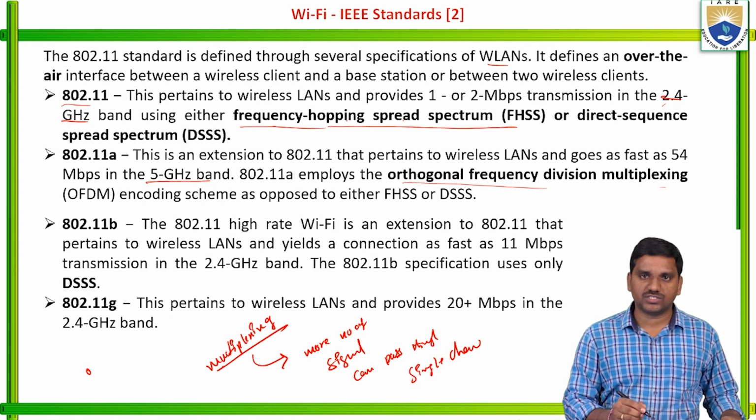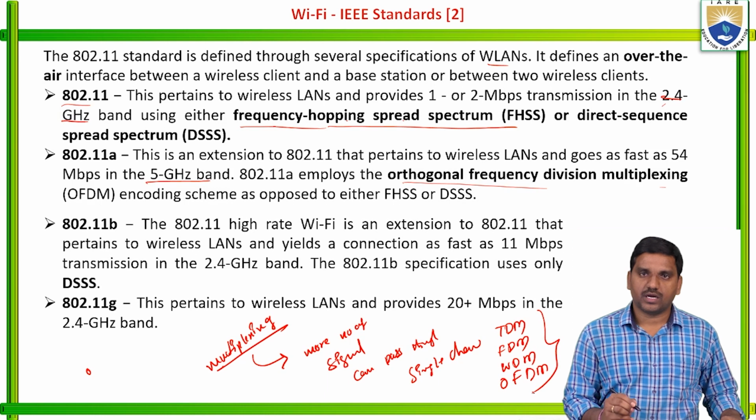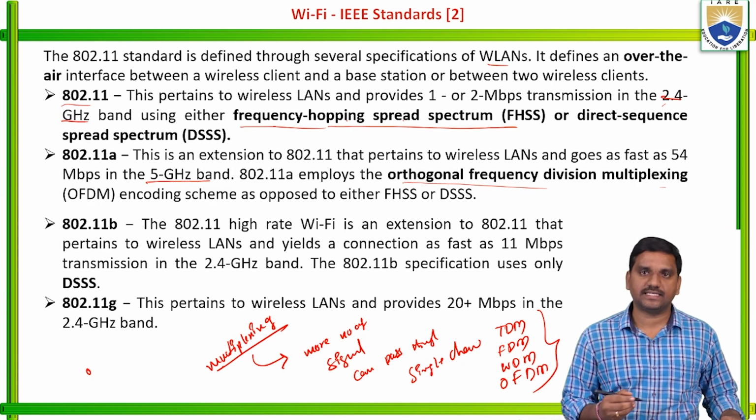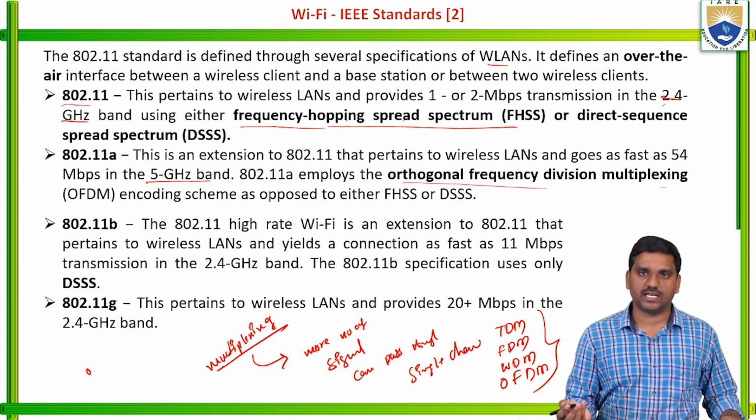Based on the concept of multiplexing, we have TDM, FDM, WDM, and orthogonal frequency division multiplexing. So we have these 4 types of multiplexing techniques in order to pass more signals through a single channel.